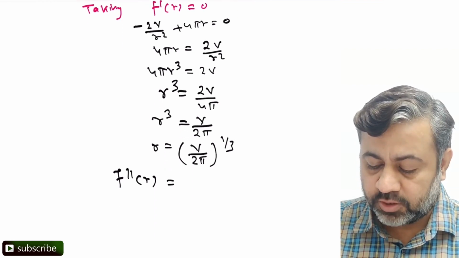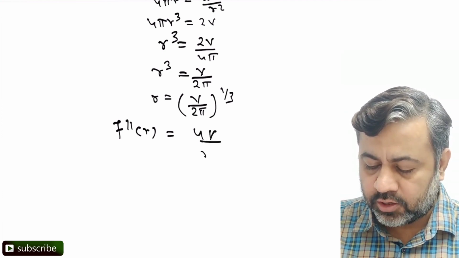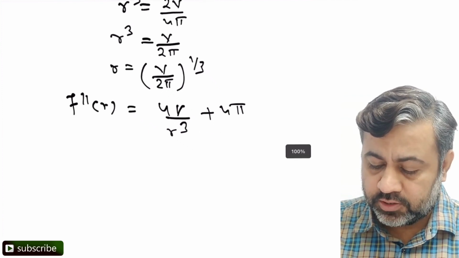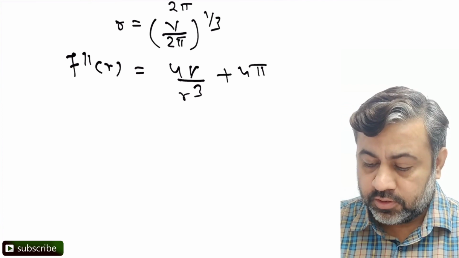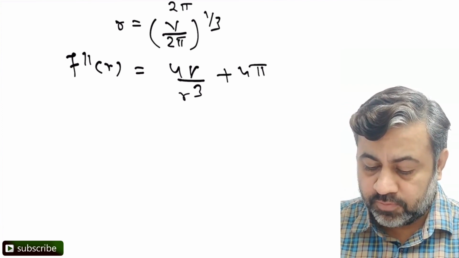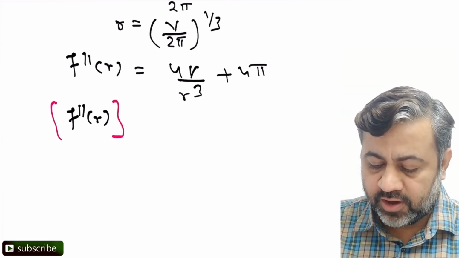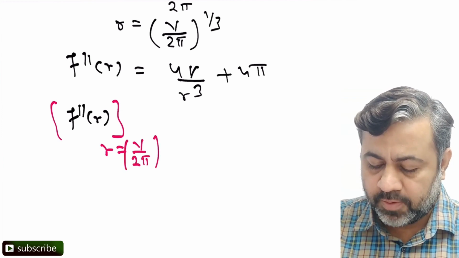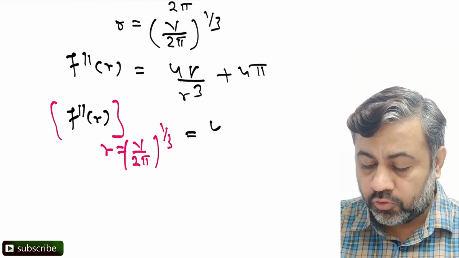So I'm just going to substitute the value of r as v by 2 pi, everything to the power 1 by 3.